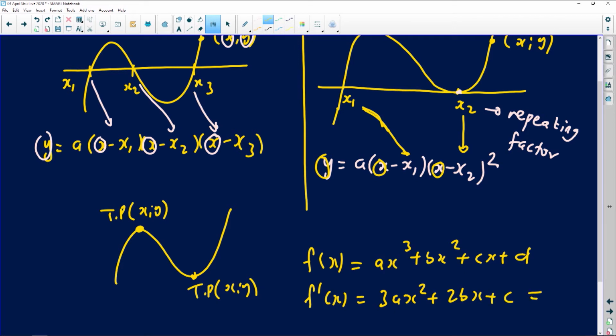You equate it to 0 because at the turning points the derivative is 0, and then you substitute those x values. More often than not, when you substitute these x values to solve for a, b, and c, you're going to have a situation where you deal with simultaneous equations. That's the approach of working out the defining equation of a cubic graph under these three scenarios. Please keep that in mind.